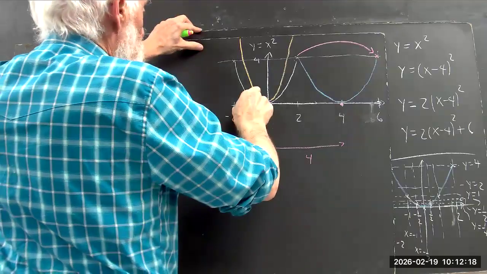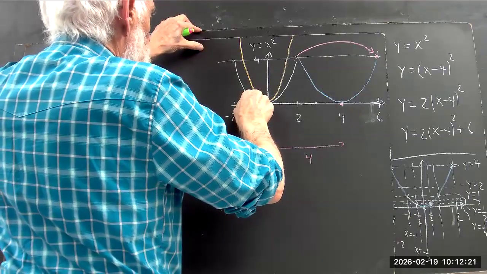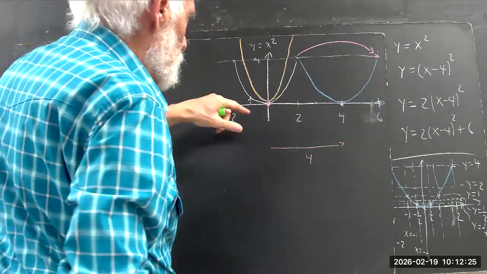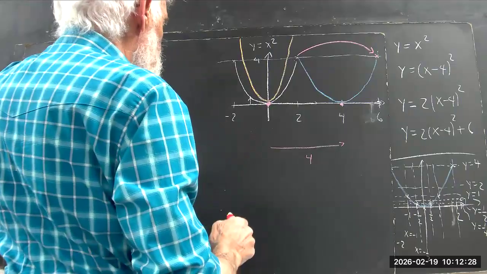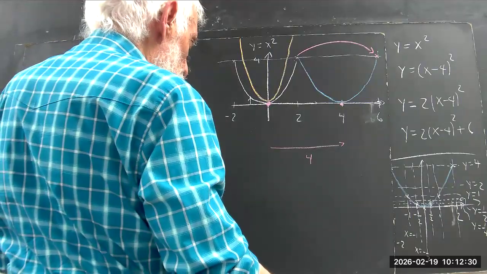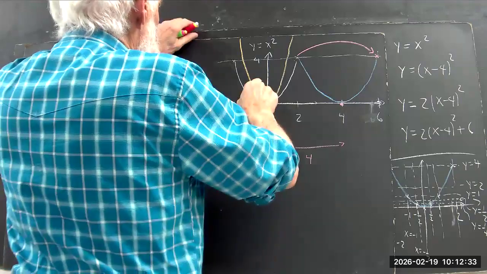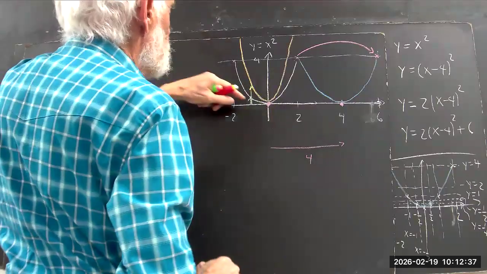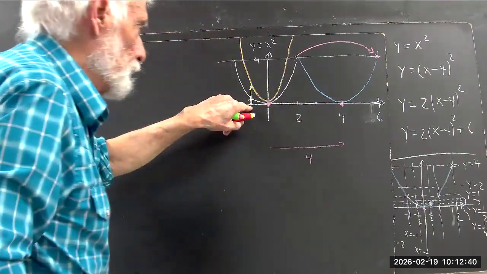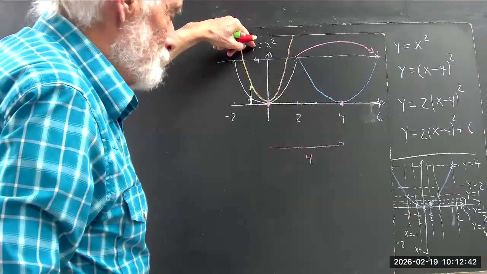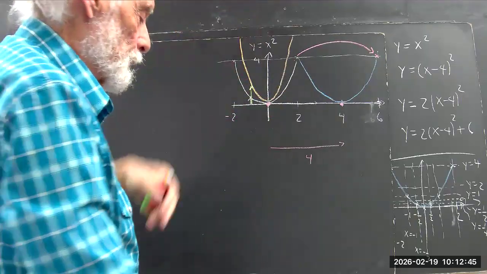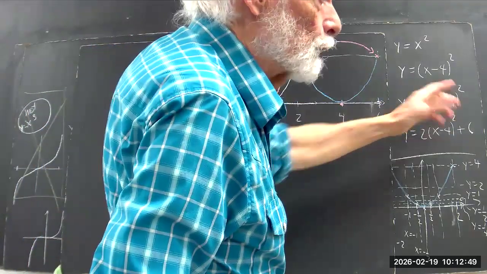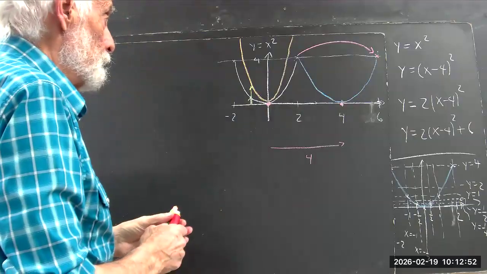This arrow from the x-axis up to the y equals x squared graph, and it could be any point on the x-axis, is half as long as this arrow from the same point on the x-axis up to the vertically stretched function, because multiplying the function by 2 vertically stretches it by a factor of 2.